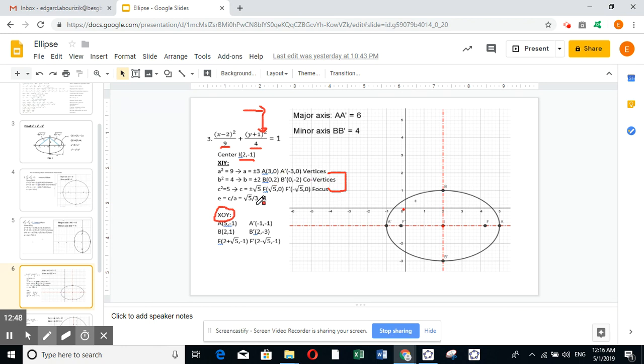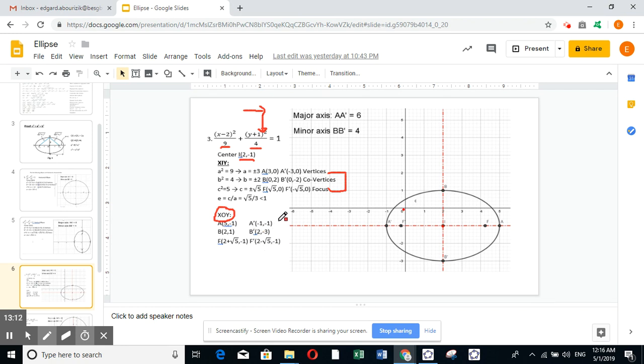If you add 2 here, you get 5, so (5, 2 minus 1). Here, 2 minus 3 is minus 1. 2 plus 0 is 2. 2 plus radical 5, 2 minus radical 5. And for every y you add minus 1: 0 minus 1 is minus 1, 2 minus 1 is 1, minus 2 minus 1 is minus 3.